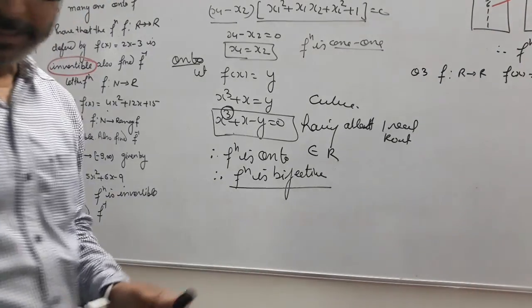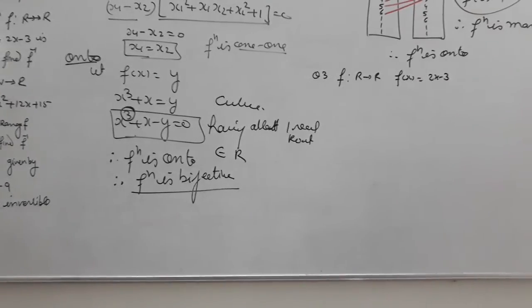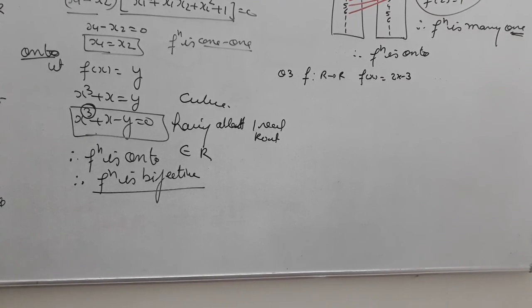If the function is bijective, then the function is invertible. How can we prove the function is invertible?